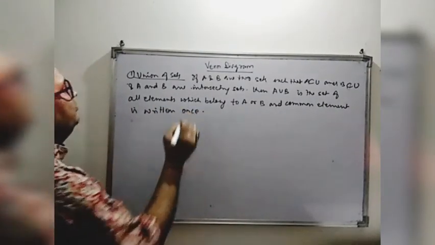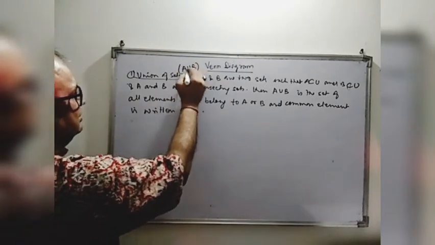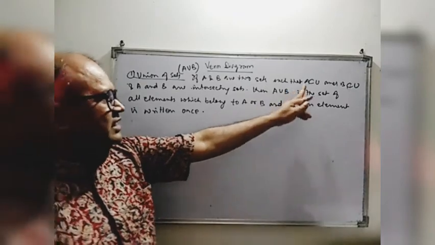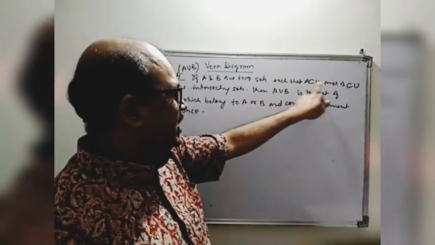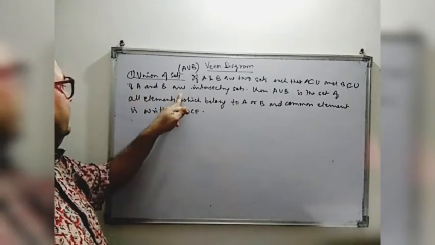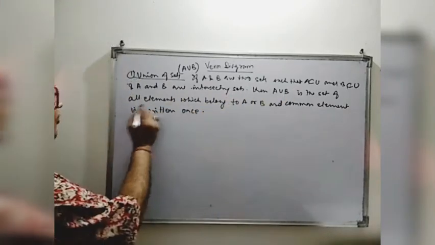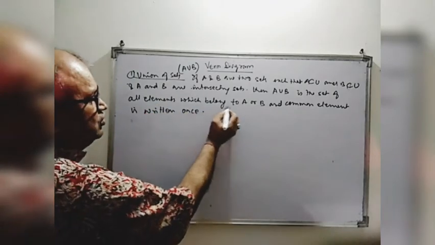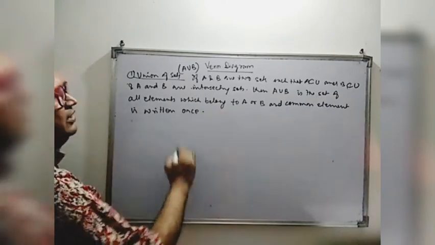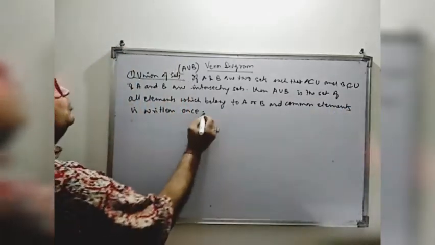So what is A union B? We write it A union B like this. If A and B are two sets such that A is a subset of U and B is a subset of U, and they are intersecting sets, then A union B is the set of all elements which belong to A or B, either A or B, and common elements are written once only.